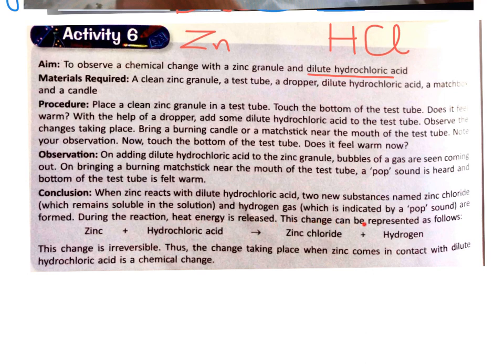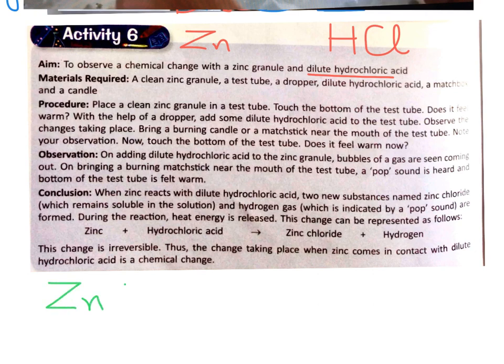This change can be represented as follows. Zinc, when it reacts with hydrochloric acid, gives zinc chloride and hydrogen gas. Here, the hydrogen from hydrochloric acid will form hydrogen gas, whereas zinc will react with chlorine. We can represent it with the help of symbols also.